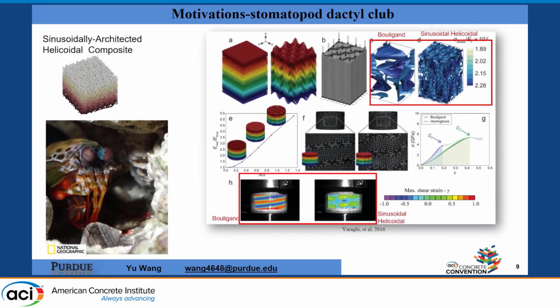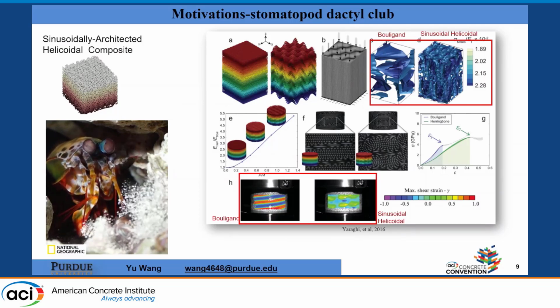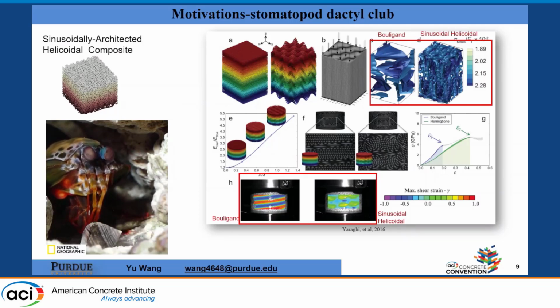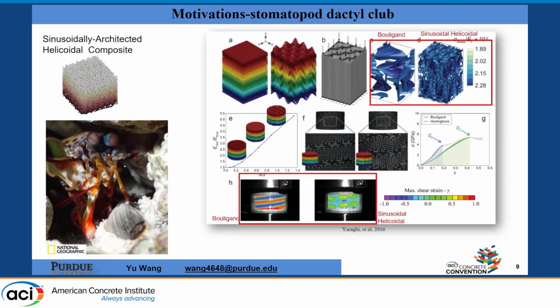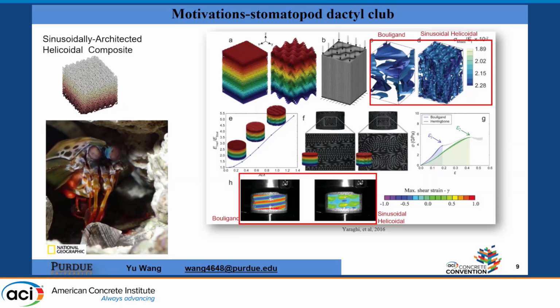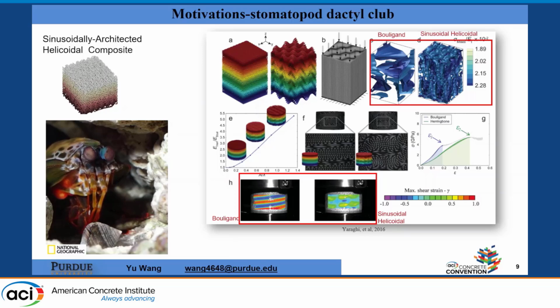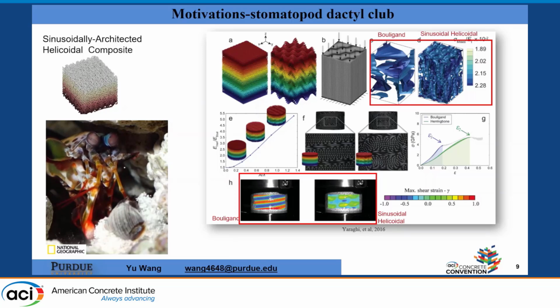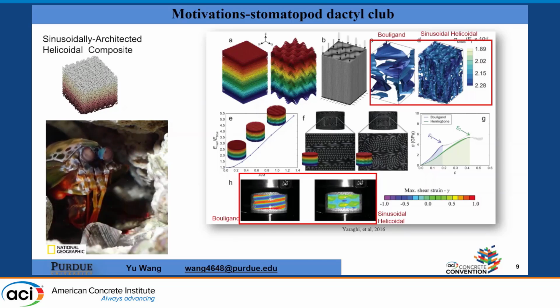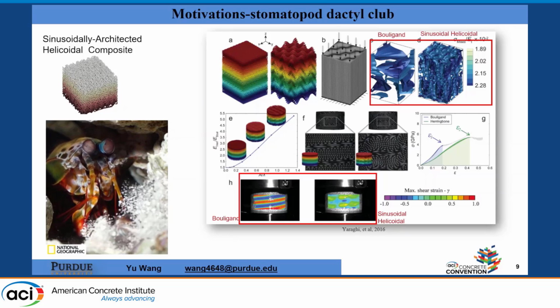So we were wondering, because the mantis shrimp uses this architecture to withstand compressive stress, if we can use this also to optimize the compressive performance of concrete. This is also previous work done by our group, a simulation that compared the sinusoidal, helicoidal, and Bouligand architectures under compressive loading.